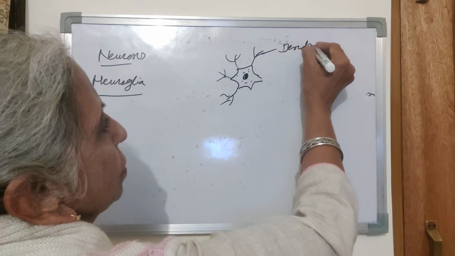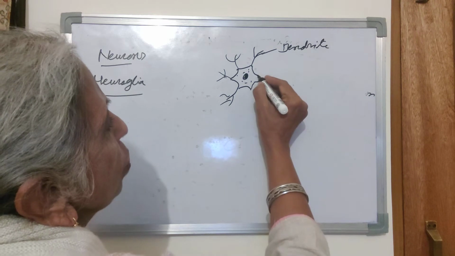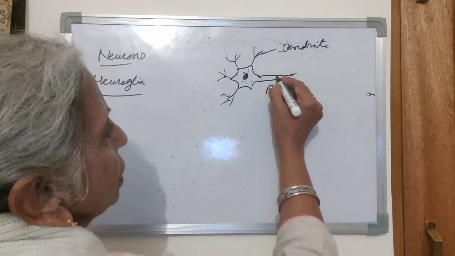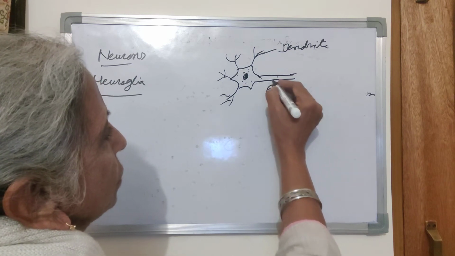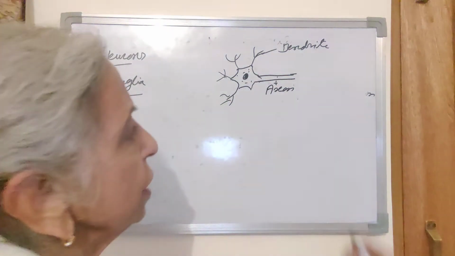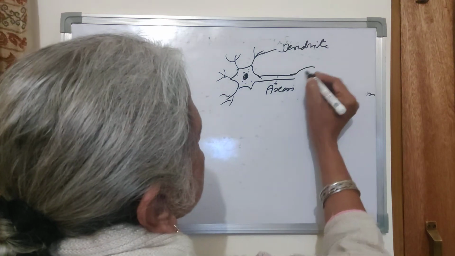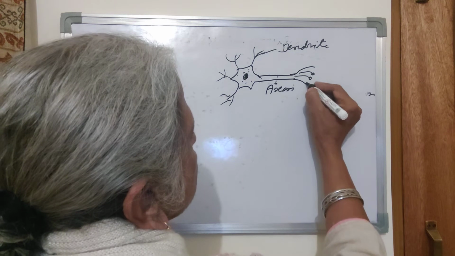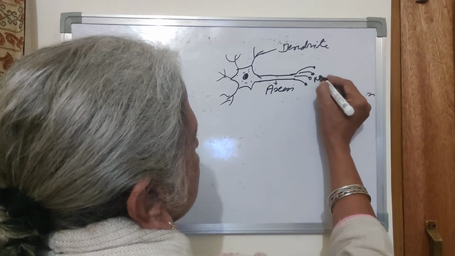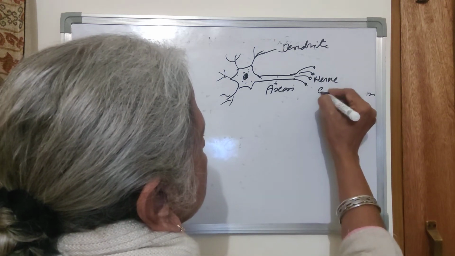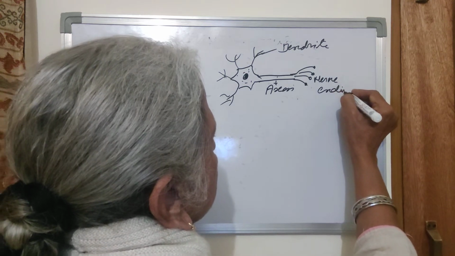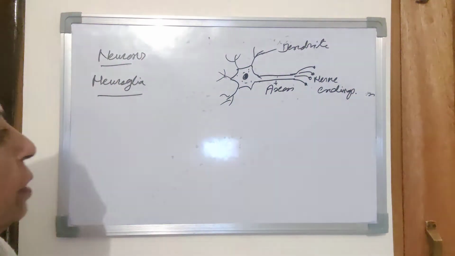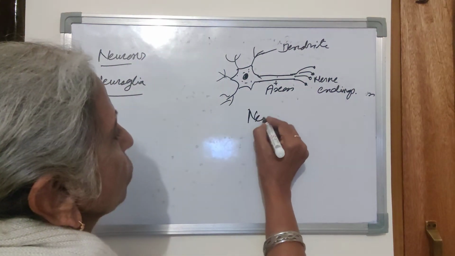And there is one long process which is called the axon. This axon has nerve endings at its end. This is the structure of a neuron.